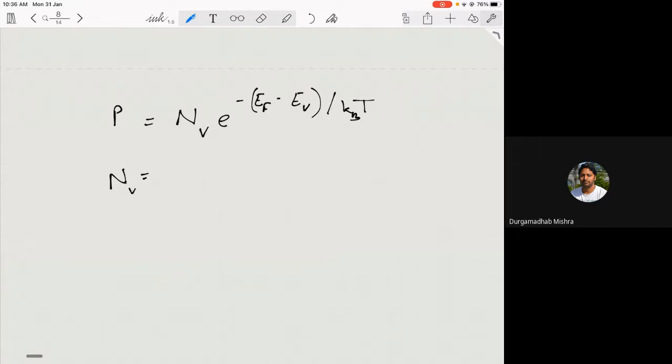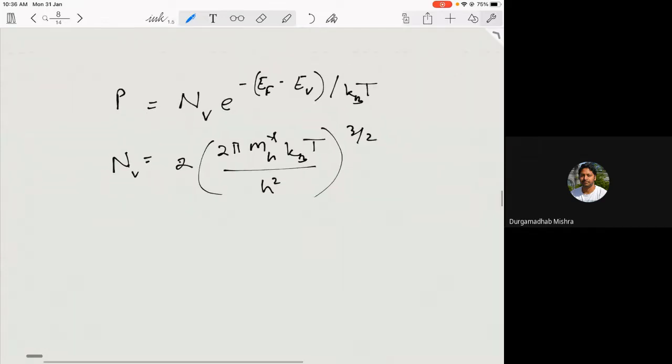And what is N_V? N_V is equal to 2 (2 pi m_h* k_B T by h squared) to the power 3 by 2. So a very similar expression to the one we got for electrons.